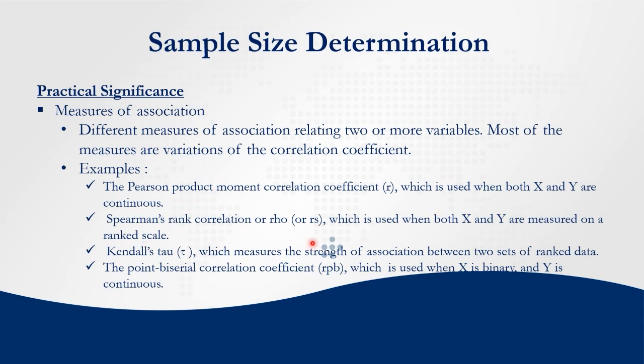If the data is ranked, then you can use Spearman's rho to get a measure of effect size. These are examples; there are many others actually. But whenever your interest is in the relationship, correlation between variables, then you will use the effect size measures in this family.